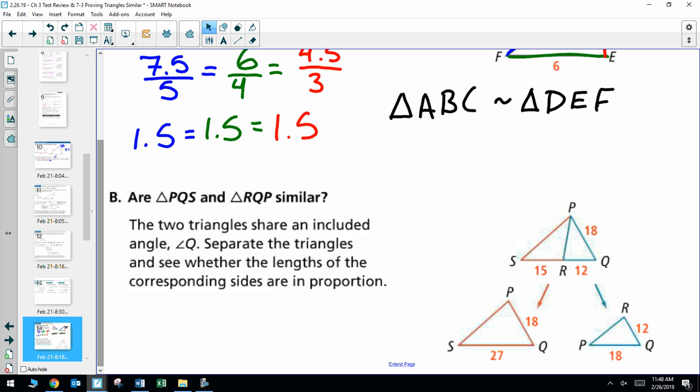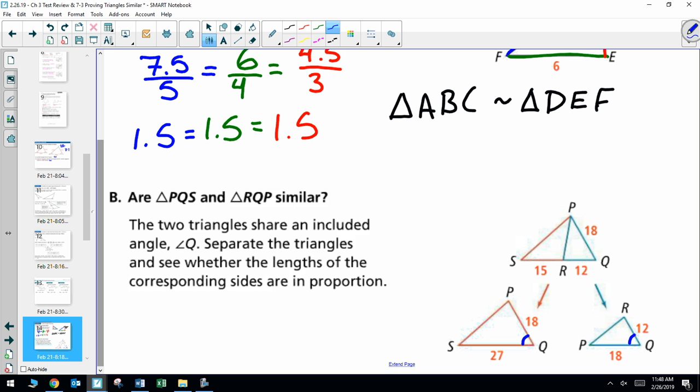So again, this angle Q is the same angle in both triangles. I have to see if these two sides have the same scale factor, and if they do, this one is also going to have the same scale factor because those angles are the same.